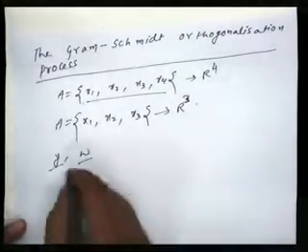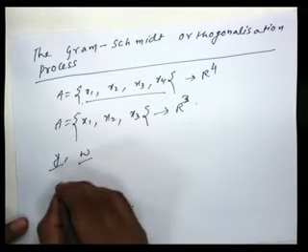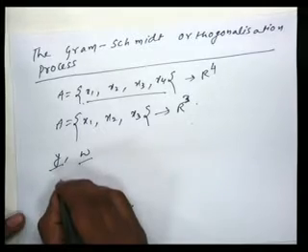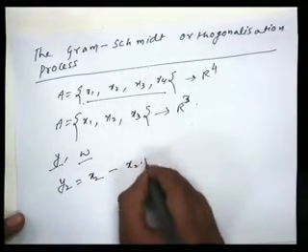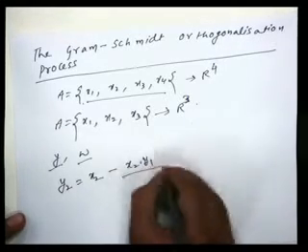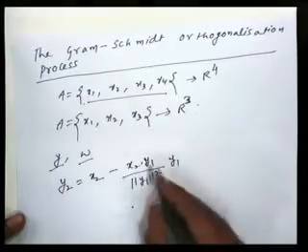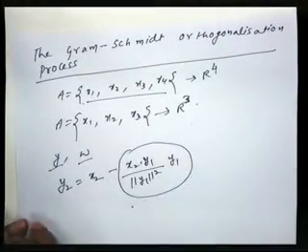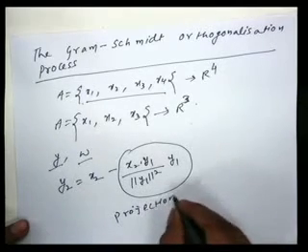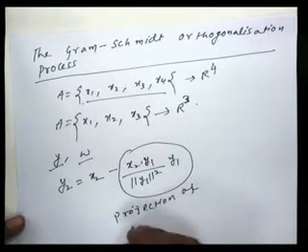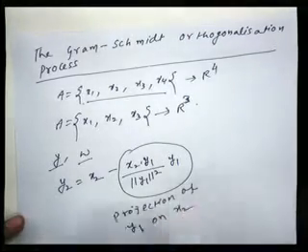So for example, if I write this formula, y2 equals x2 minus (x2 into y1) divided by the norm of y1 whole square, into y1. This part is called the projection of y1 on x2.